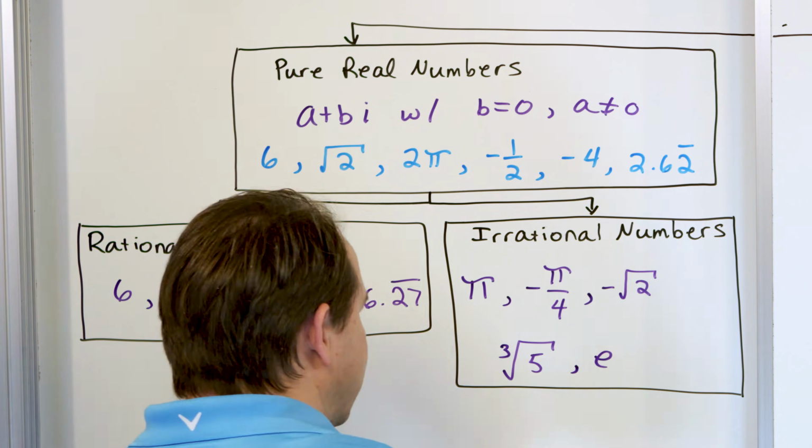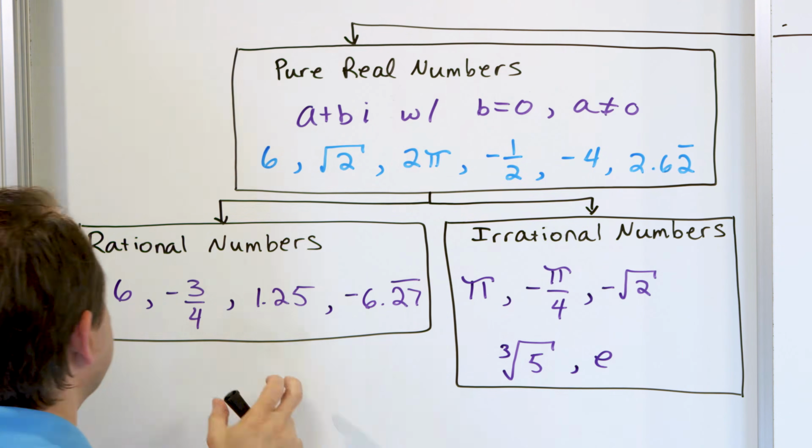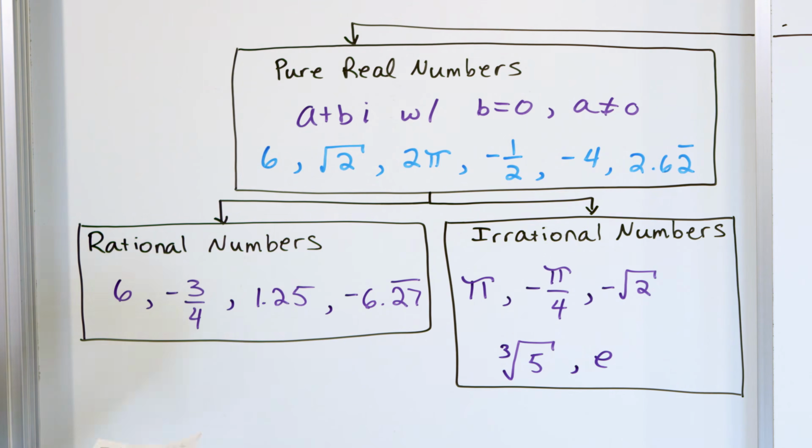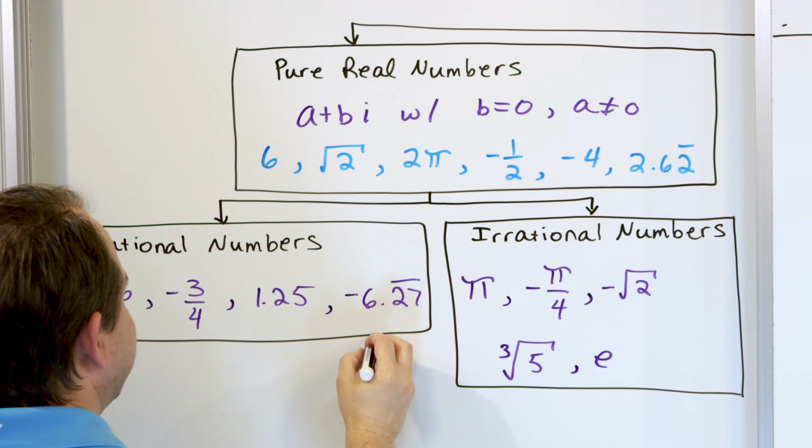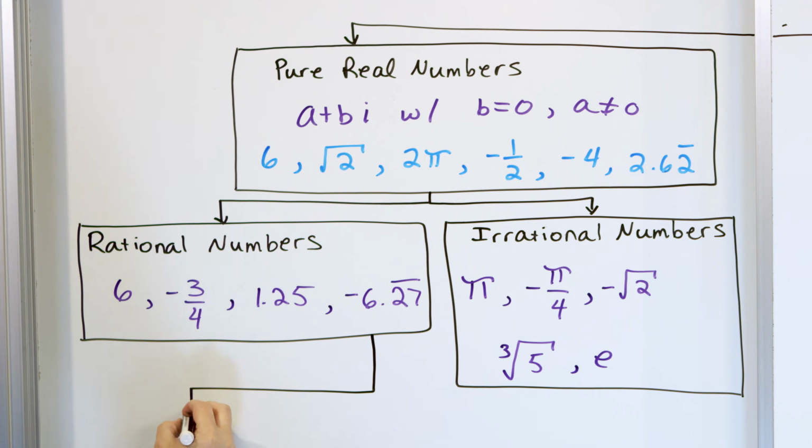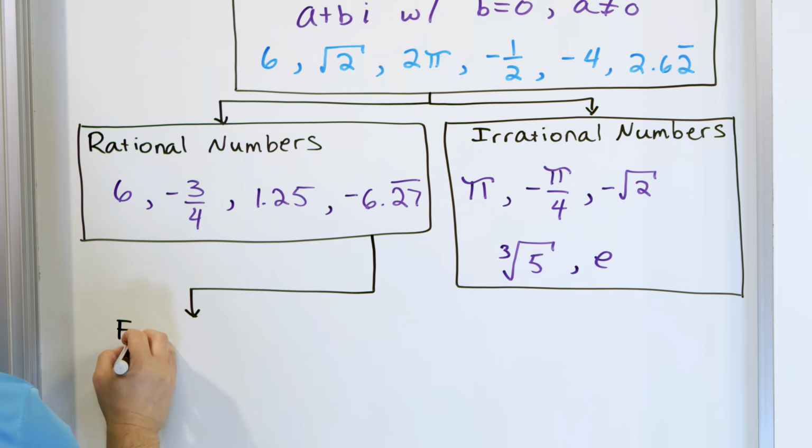So that's the end of the road for the irrational numbers, but we still can break down the rational numbers a little bit more if we want to, right? So I'm going to draw another branch right here. Underneath the rational numbers, you can have the fractions and you can also have the integers. That's how we can break that up some more.